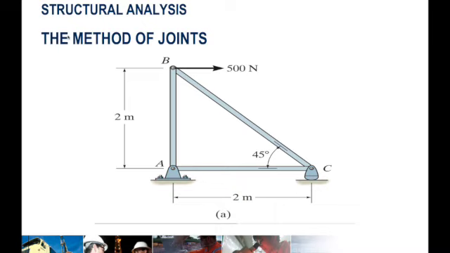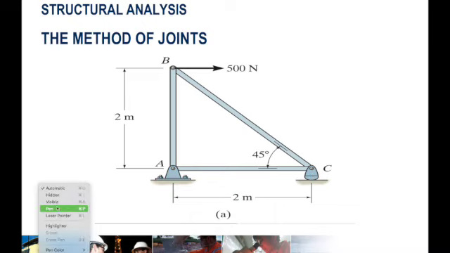So let's try our method of joints for the simple truss. What do we have here? We have a 500 Newton external force applied at B. This is a hinge or pin connection, and this is a rocker connection.